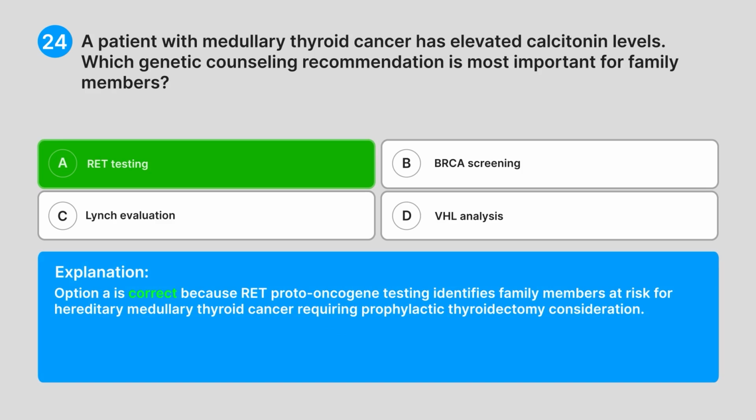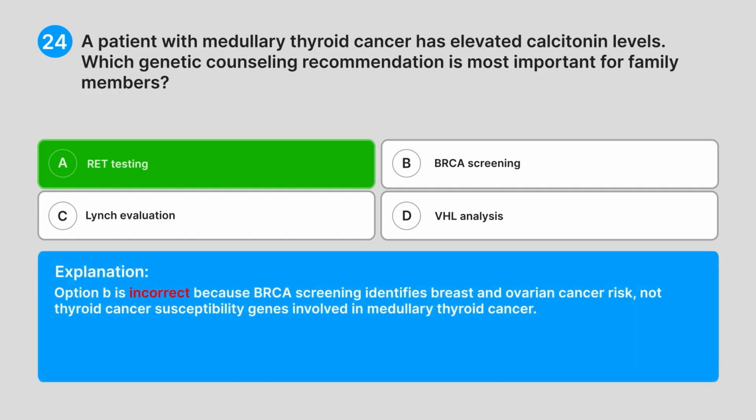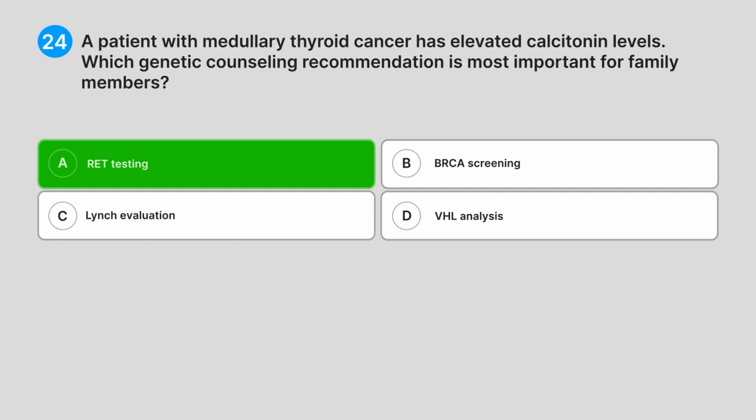Explanation: option A is correct because RET proto-oncogene testing identifies family members at risk for hereditary medullary thyroid cancer, requiring prophylactic thyroidectomy consideration. Option B is incorrect because BRCA screening identifies breast and ovarian cancer risk, not thyroid cancer susceptibility genes involved in medullary thyroid cancer.